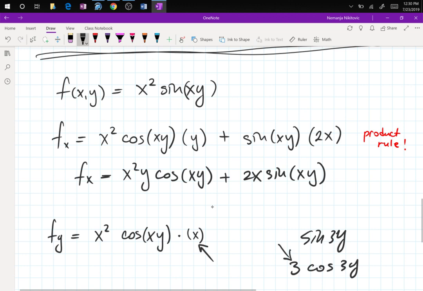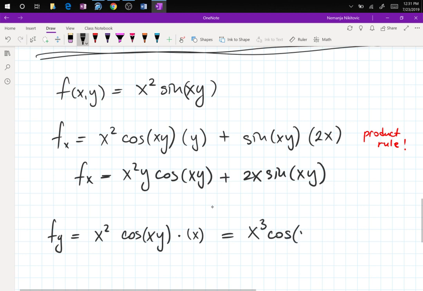This 3 is actually this x. So basic Calc 1 chain rule still applies, but now it's not just on numbers, it's also on variables. Because if you're taking the derivative with respect to y, x is held constant, and this is the way we deal with constants in the chain rule. So now we can just simplify this as x cubed cosine xy. And we have our partial derivative in y.